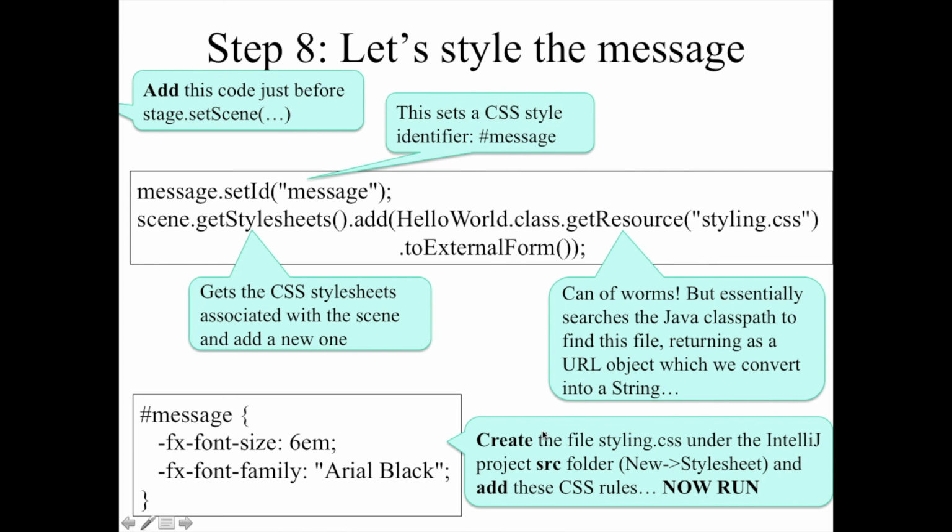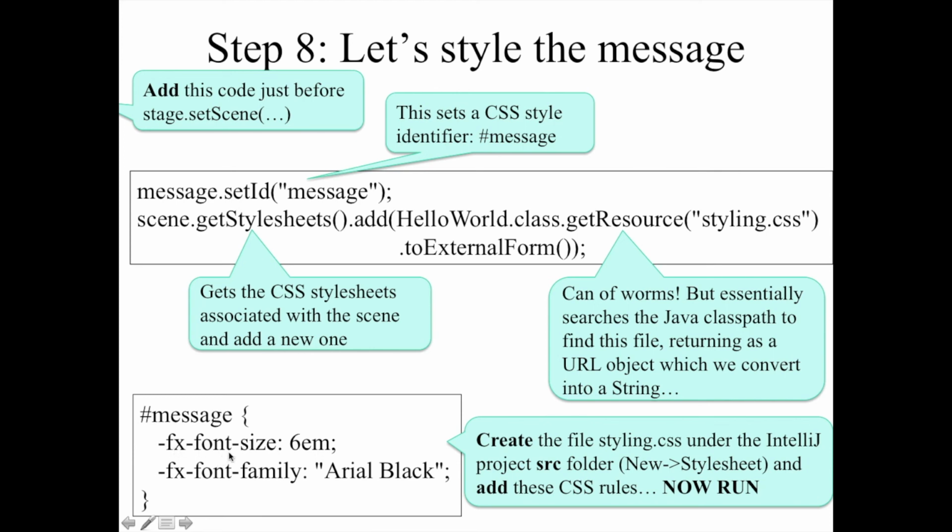And to style this, we're going to use a style sheet, a CSS cascading style sheet file that has an ID and 2 rules in there. So the ID is message, and we have 2 rules in here. Each rule starts for JavaFX with -fx.